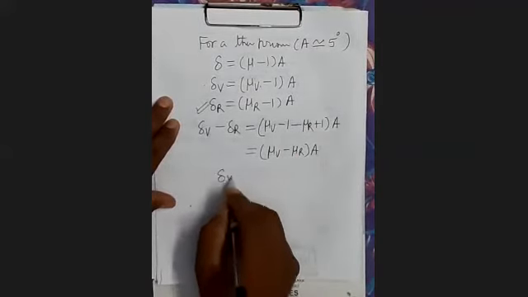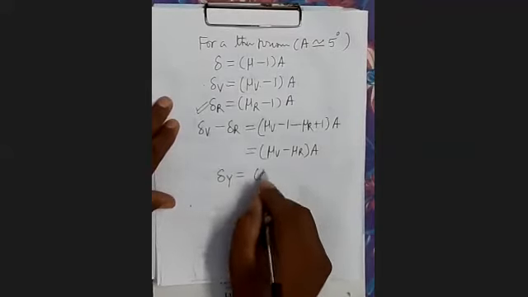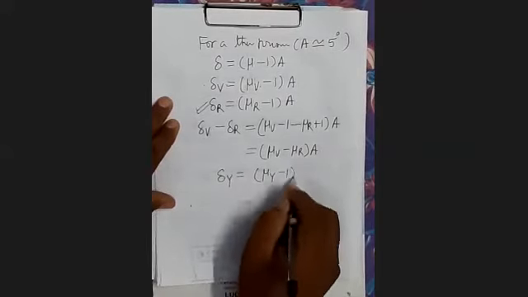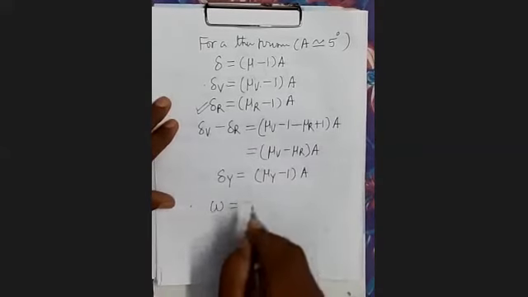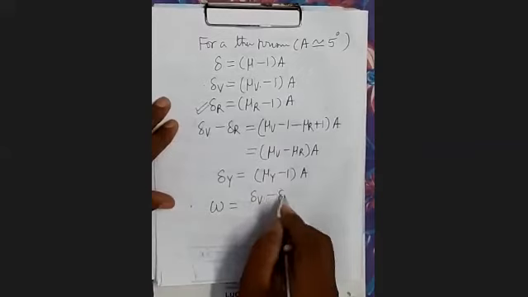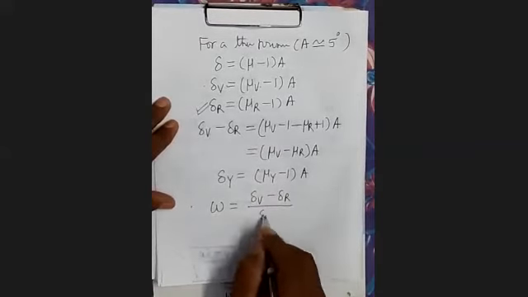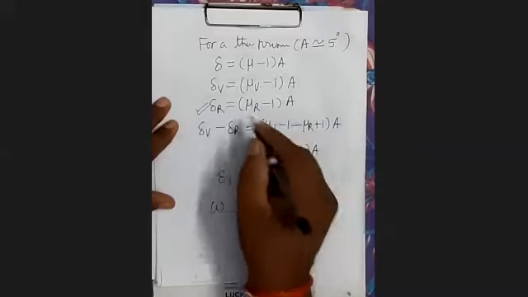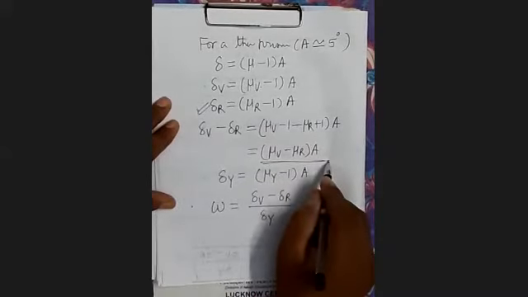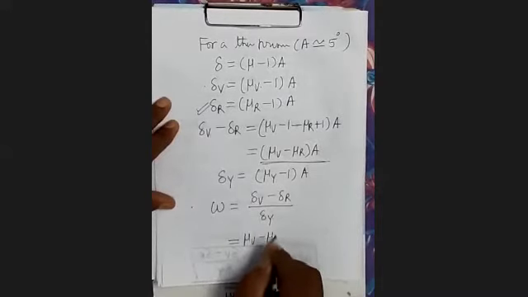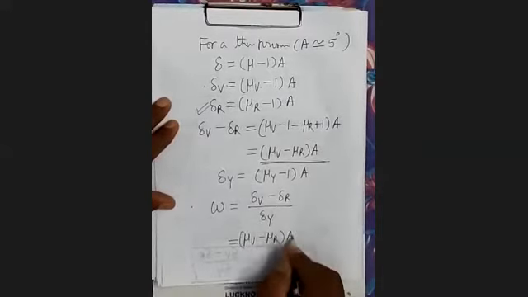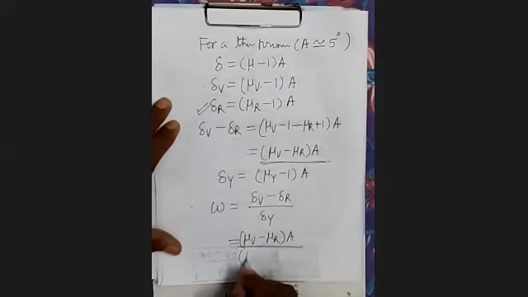And delta Y will be equal to mu Y minus 1 into A. So what will be the dispersive power omega? It is delta V minus delta R upon delta Y. Substituting, it equals mu V minus mu R into A divided by mu Y minus 1 into A. A and A cancel.